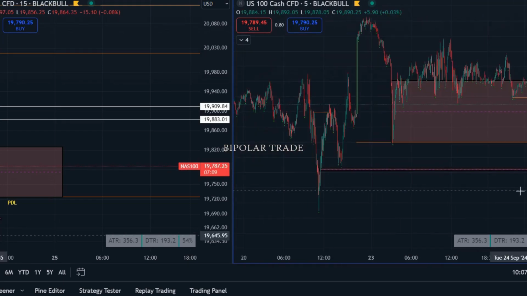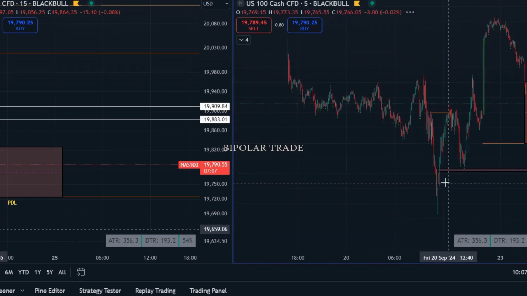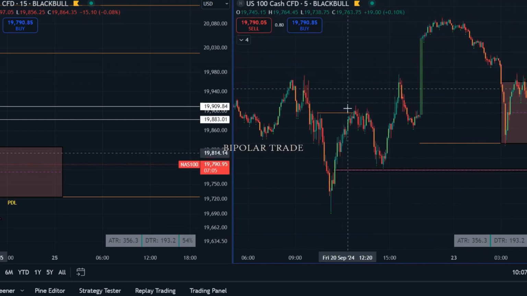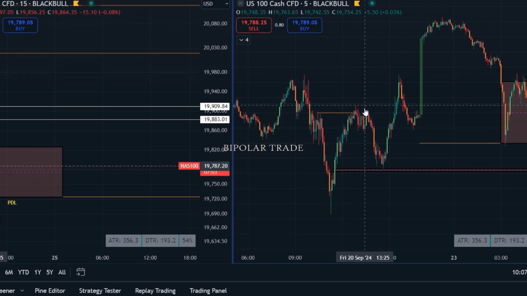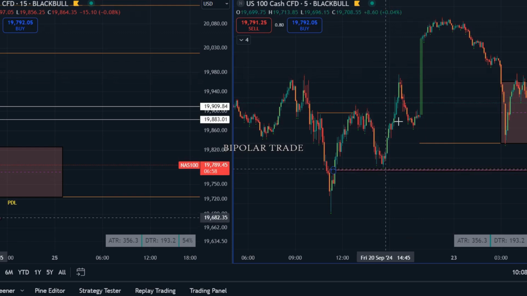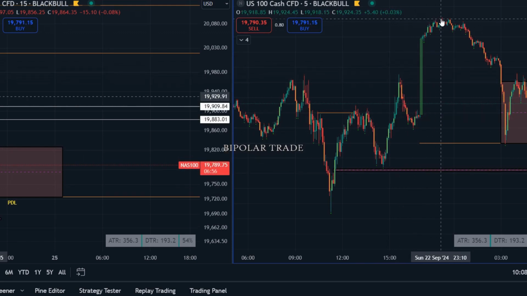This is a crucial thing. You see this. It's created a market structure shift, and it's retraced back here and then pushed the market away very high.